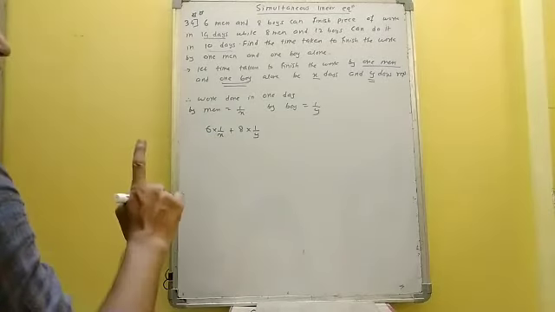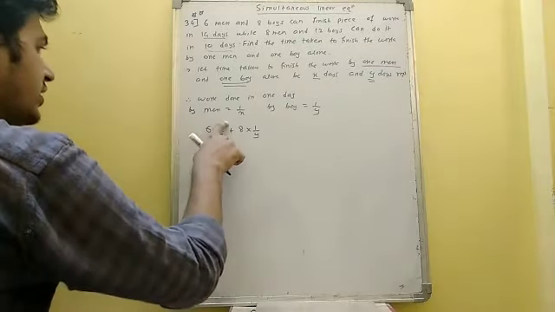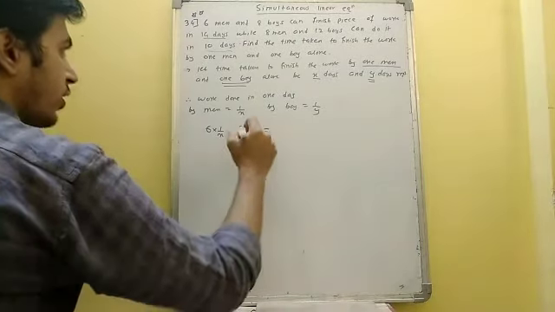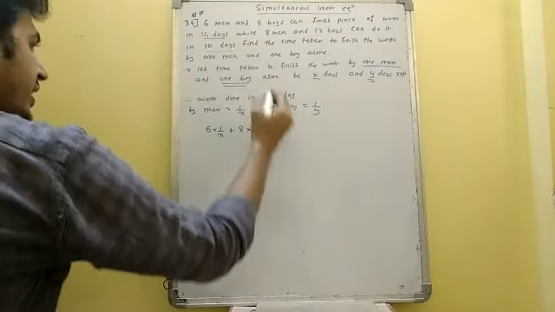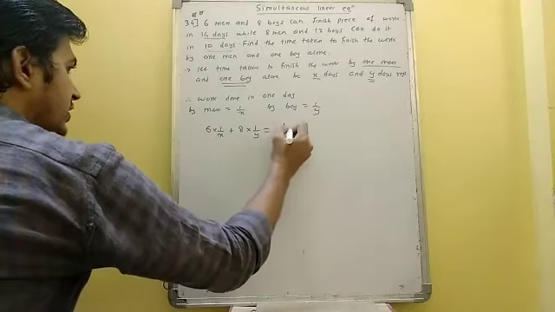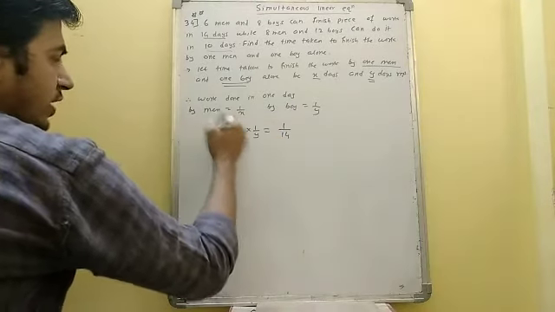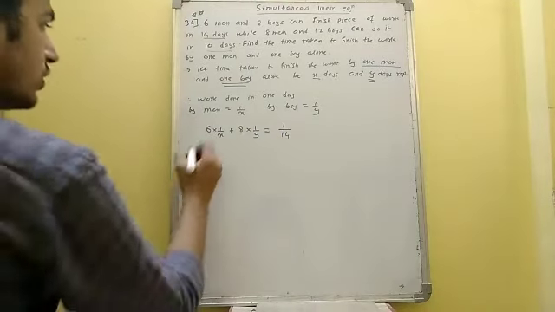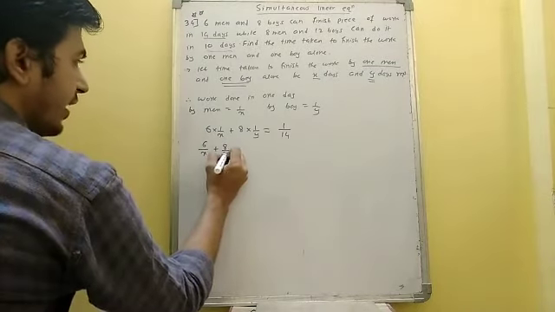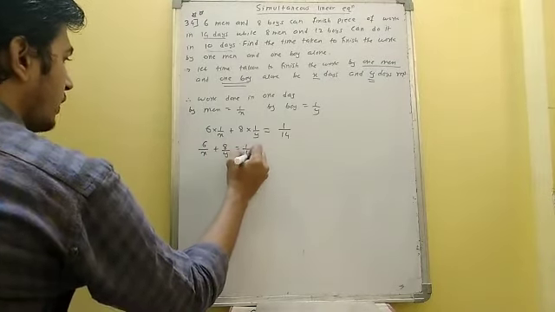We are counting of one day. So it will be 6 into 1 upon x, 8 into 1 upon y, and as we are counting of one day, work done in 14 days will be written as 1 upon 14. Okay, so it is 6/x plus 8/y is equal to 1 upon 14.